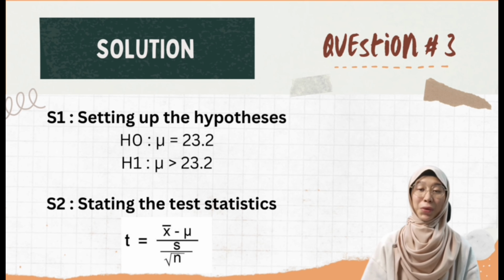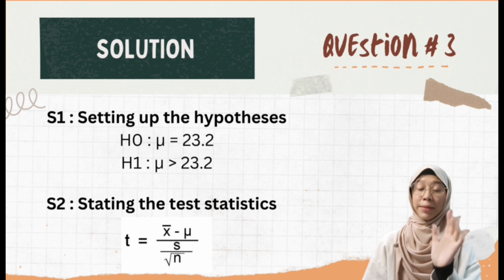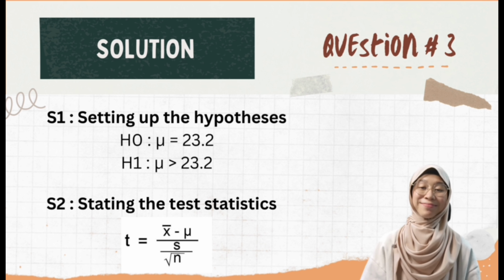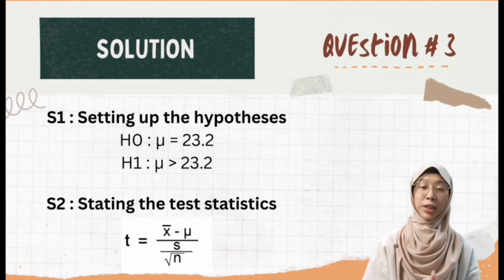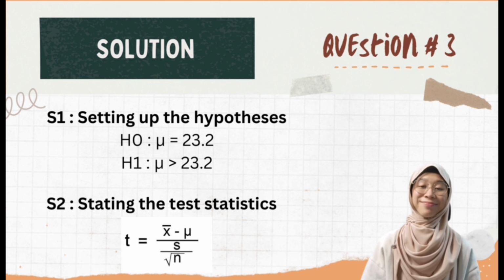To answer this question, there are 5 steps we need to follow. First step, we need to set up the hypothesis of the question. Our H null is mean equal to 23.2 and H1 is mean bigger than 23.2.